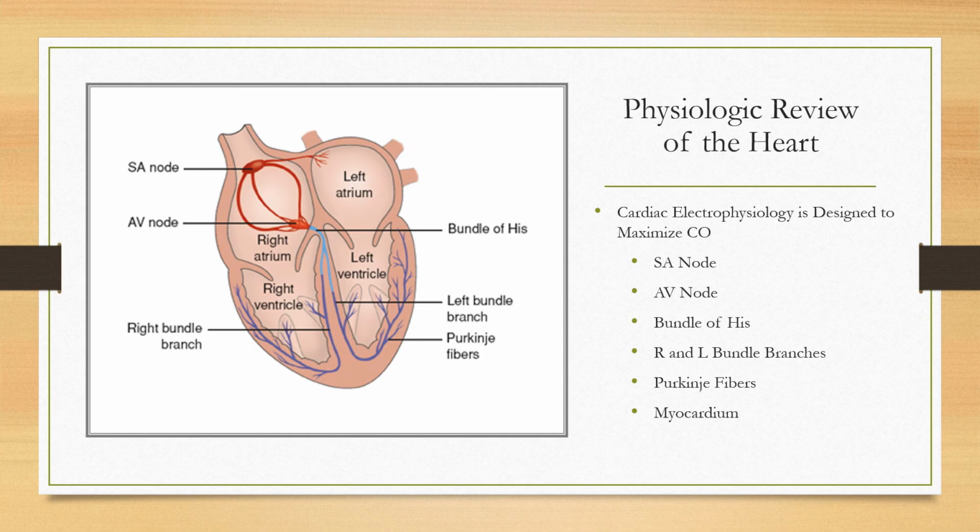Okay, so let's see where the electricity goes. So first it starts at the SA node, and the electricity goes over both atria, right, through nerve fibers, and that's going to result in contraction of the atria. Okay, where does the electricity go next? So SA node, then over a whole bunch of nerve fibers in both atriums, and it's going to go to the AV node, the atrioventricular node.